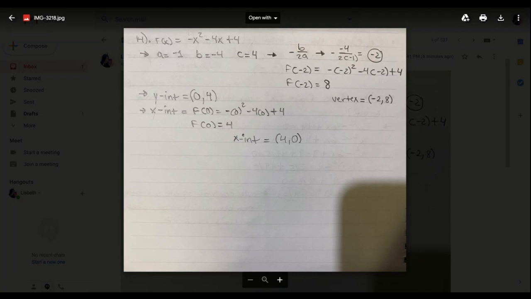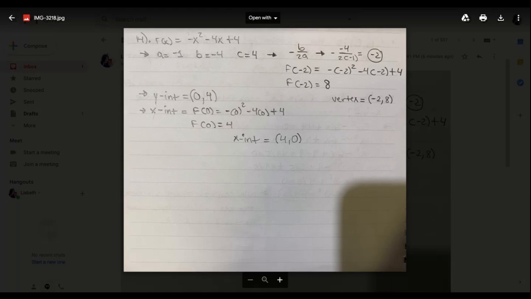Let's multiply by -1 for every term because the negative x squared is awkward to deal with. The equation becomes x squared plus 4x minus 4 equals 0.